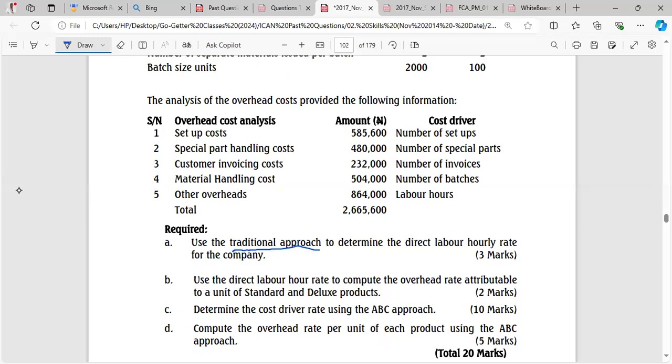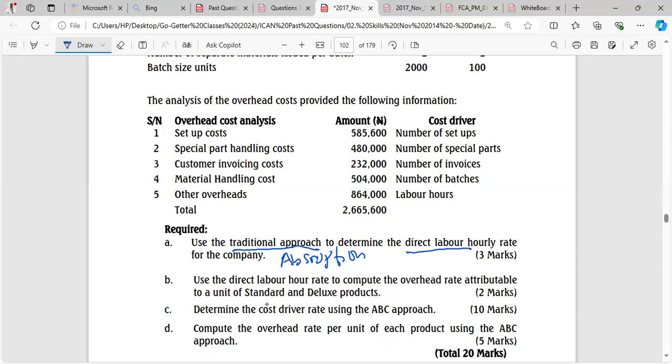So this traditional approach is called absorption costing. And what are we asked to do? To determine the direct labor hour rates for the company.